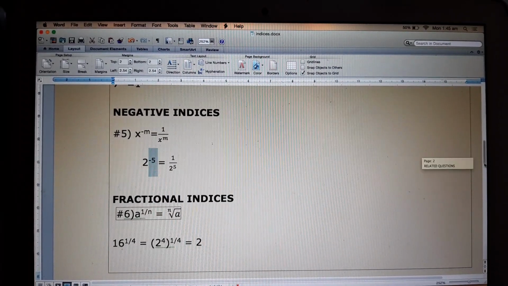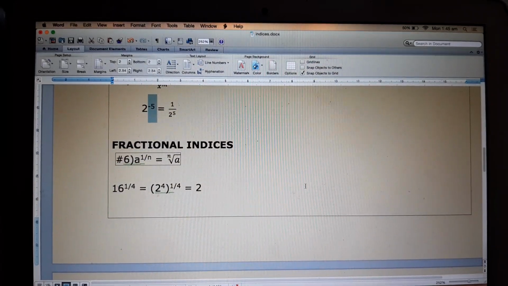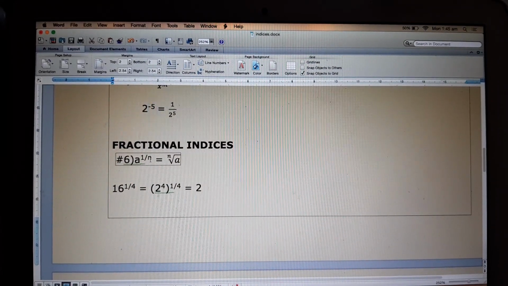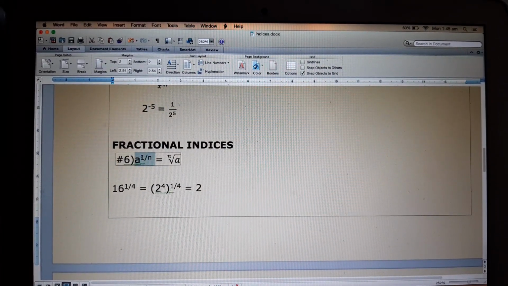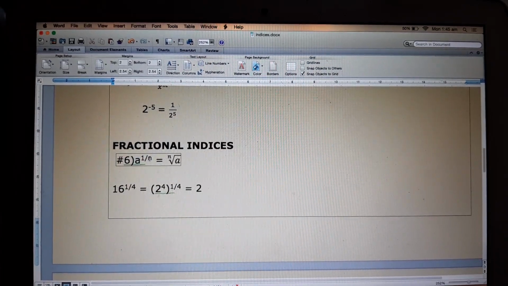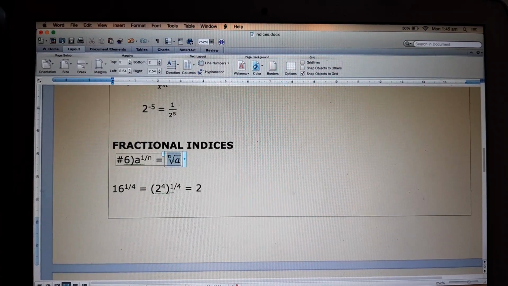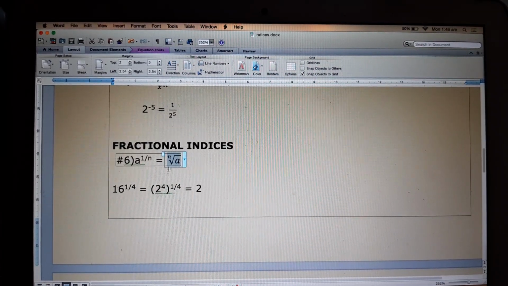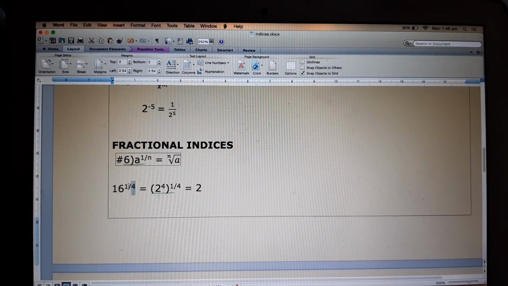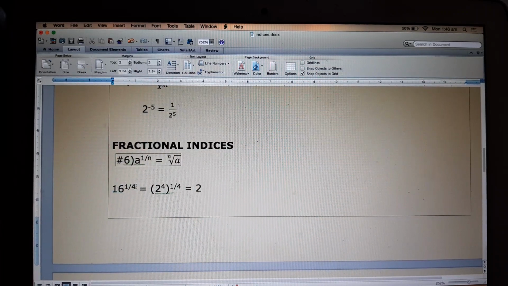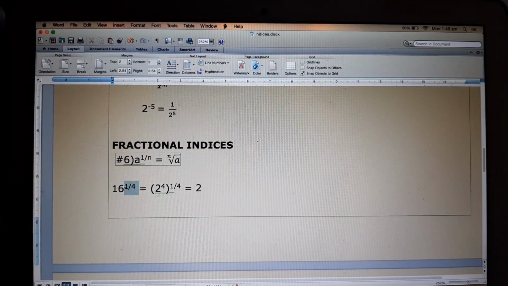The last one is fractional indices. Why fractional indices? Because right now we have the power in the form of a fraction, 1 over n. So this is basically written in root form, nth root of a. So we have 16 raised to the power 1 over 4. Now 1 over 4 is a fraction.